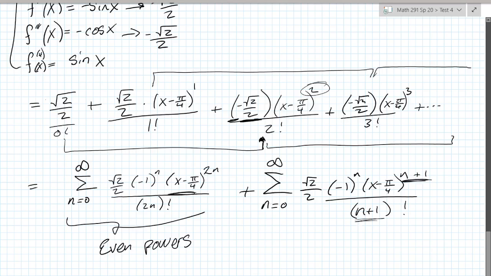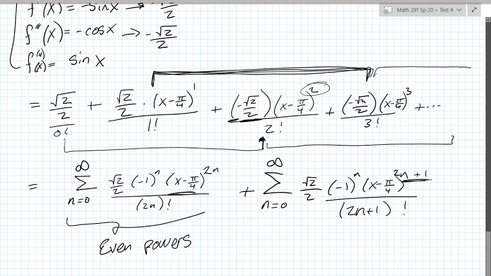So that's good. Also, we need to start with an even. If I use just n here, does that start off with an even? Yes. Okay. Then we know these powers have to be odds. So I need to do 2n plus 1. Now, do my powers go 1, 3, 5, 7, 9? Yes. But my denominator needs to also go 1, 3, 5, 7, 9.